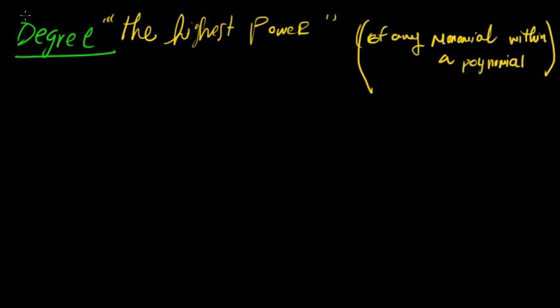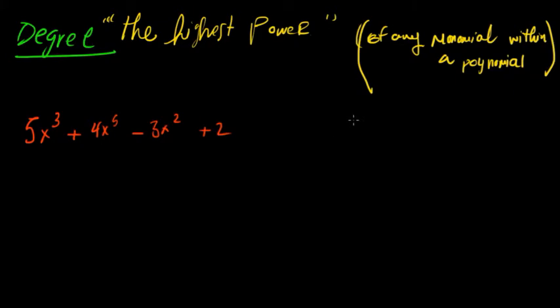Okay, let me give you a polynomial here. Let's say we have 5x cubed plus 4x to the 5th power minus 3x squared plus 2. Let's go ahead and find the degree of this polynomial. Well, what is the highest power of each monomial? What did we say monomials were?